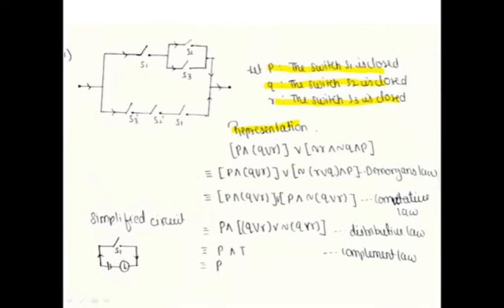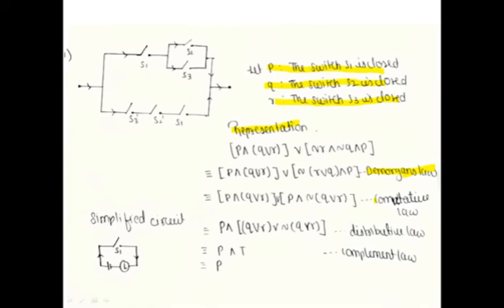So here the representation is P and Q or R. S2 and S3 both are connected in parallel, so here we use or. And S3 dash, S2 dash and S1 means negation of R, negation of Q and P. By using De Morgan's law, we have taken the negation common. Here we have applied De Morgan's law.